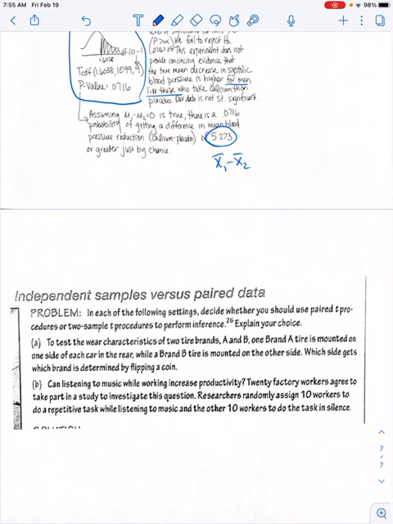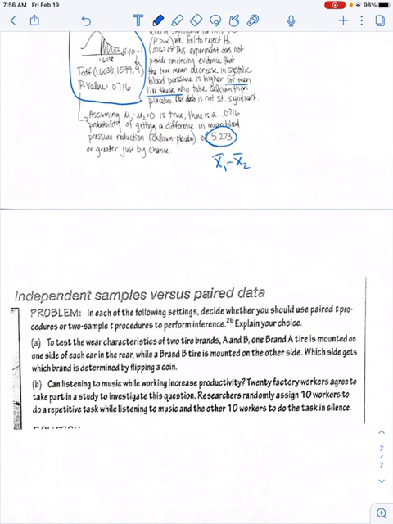However, A is a one sample matched pairs. The match is the car. To test the wear characteristics of two tire brands, A and B, Brand A is mounted to one side of each car in the rear, and B is mounted to the other side, because tires are going to wear differently on different cars.